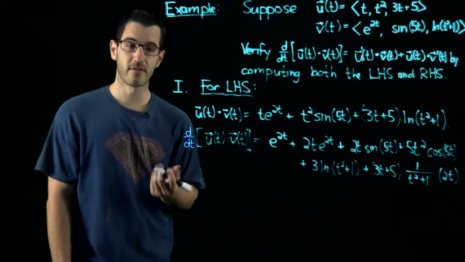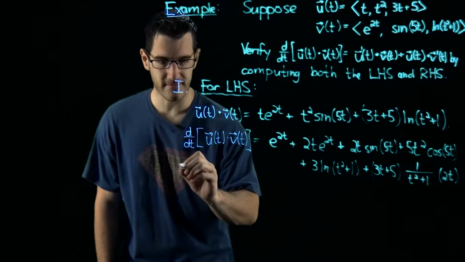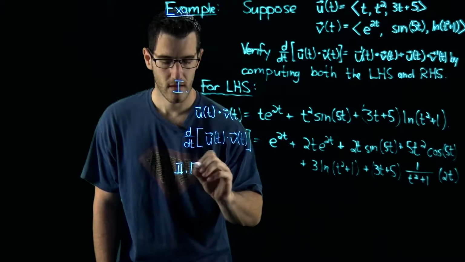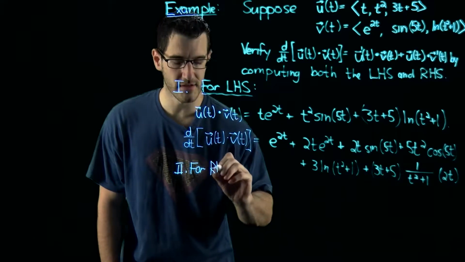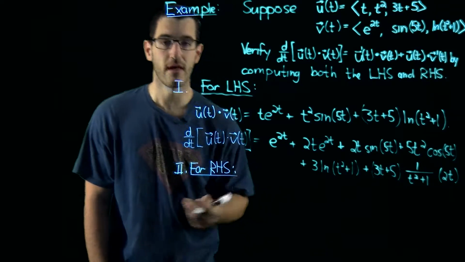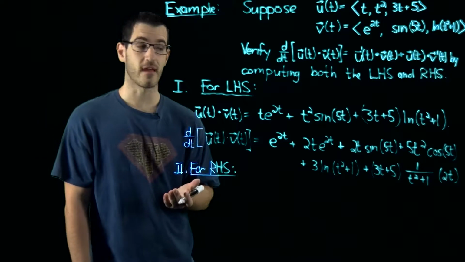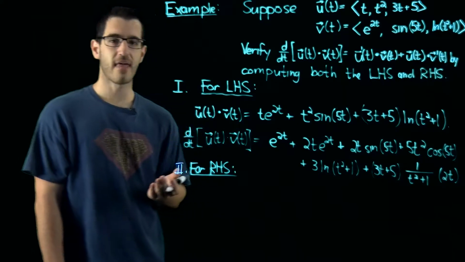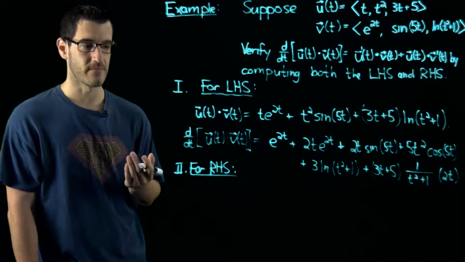All right, so now that we've computed the left-hand side, let's look at the right-hand side. For the right-hand side, we have to do a slightly different computation. We have to take the derivative of u and dot it with v. And then we have to add to that u dotted with the derivative of v.